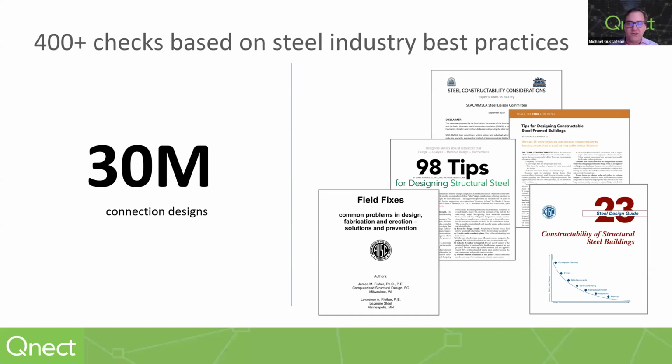Young engineers would go around and watch these presentations, and these guys would talk about the lessons learned around steel. And what was interesting is that when Qnect started this technology over a decade ago, we learned through working with customers what these constructability issues and fit-up issues are, but a lot of these have already been documented for over 20 years by industry experts.